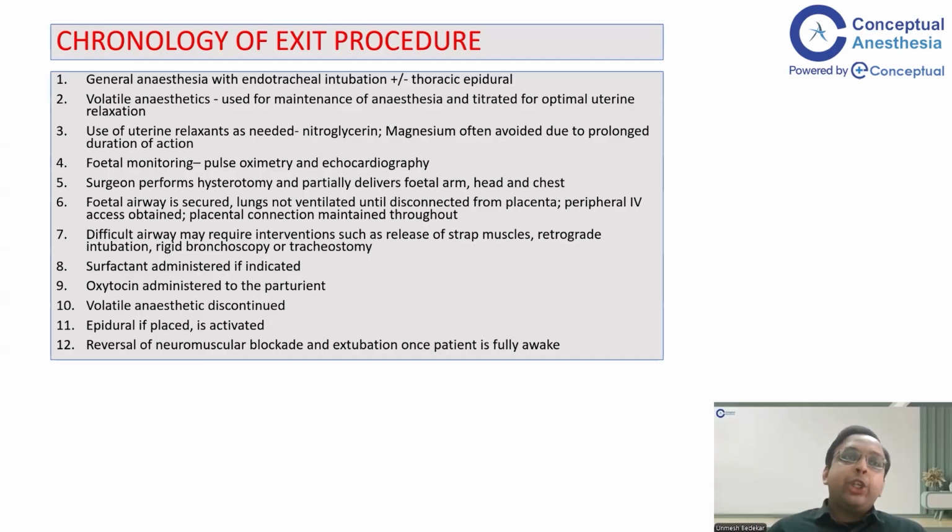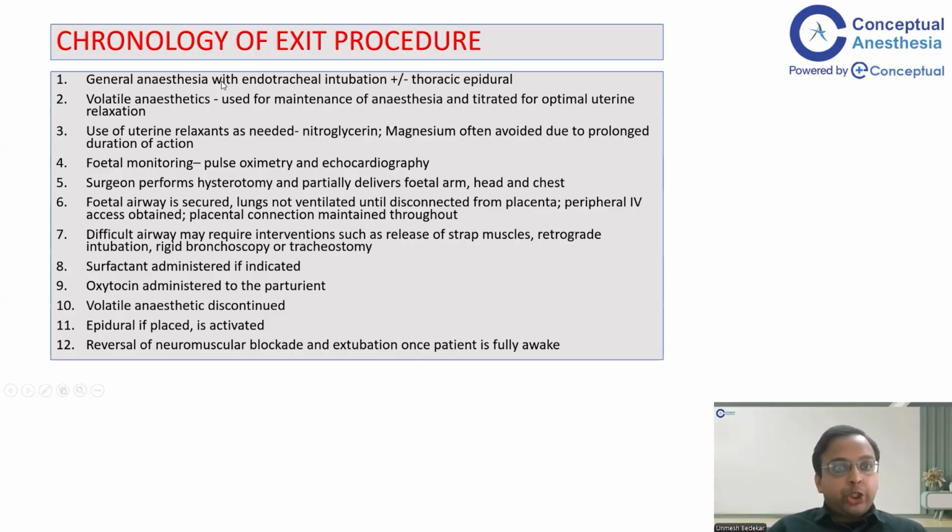We can use uterine relaxants as needed, namely nitroglycerin. Magnesium has to be avoided because it prolongs the duration of action of neuromuscular blocking agents. The patient will become floppy on excess magnesium. Continuous fetal monitoring has to be done with pulse oximetry and echocardiography.